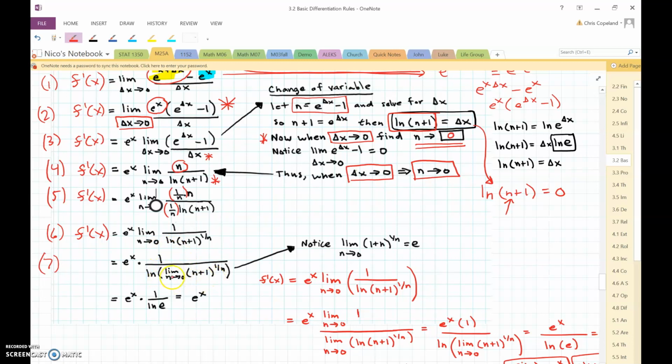So this is the limit of 1 plus n to the 1 over n power as n goes to 0. I wrote it that way. Well, notice right here, the limit of 1 plus n to the 1 over n power equals e.